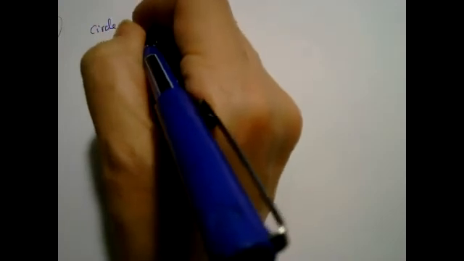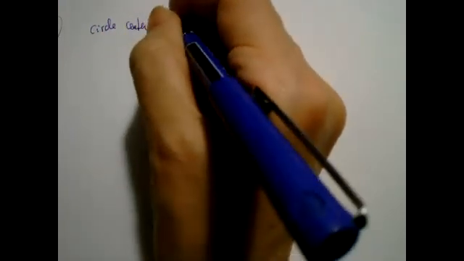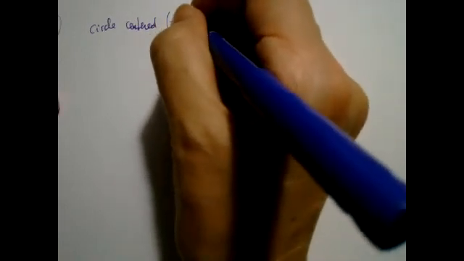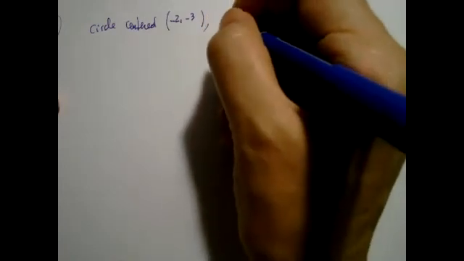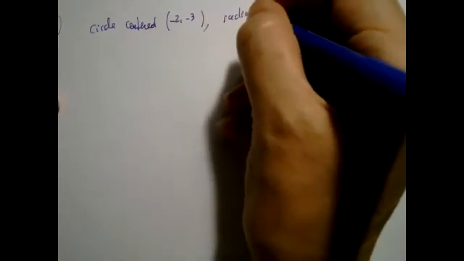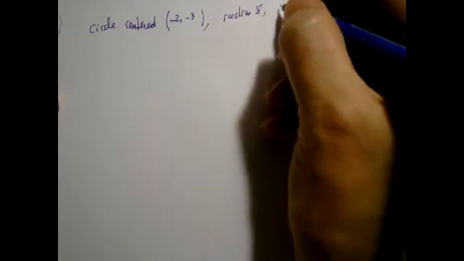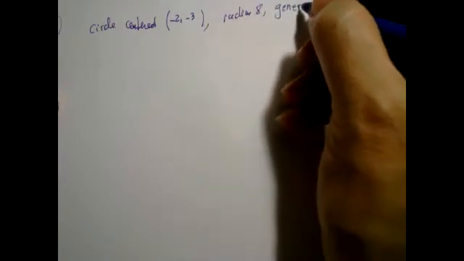Okay, find the parametric equation. So we have a circle centered at -2, -3, radius 8, and generated clockwise.